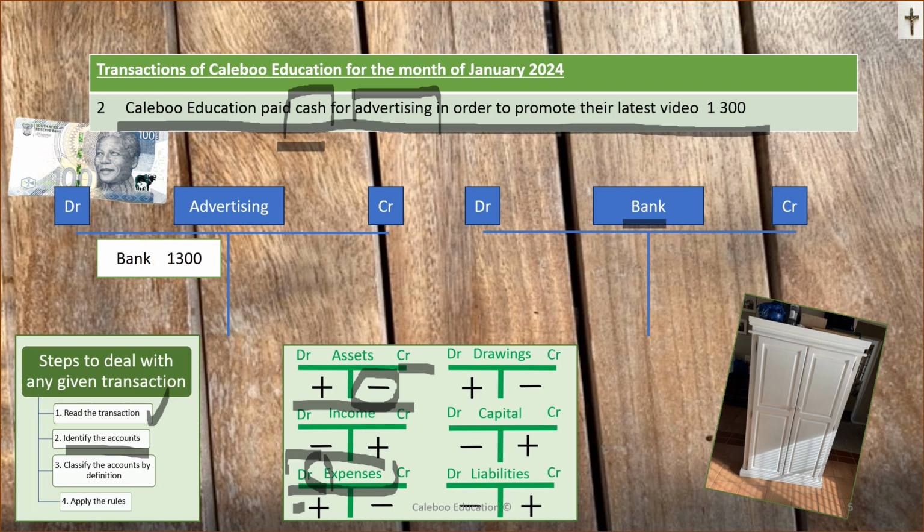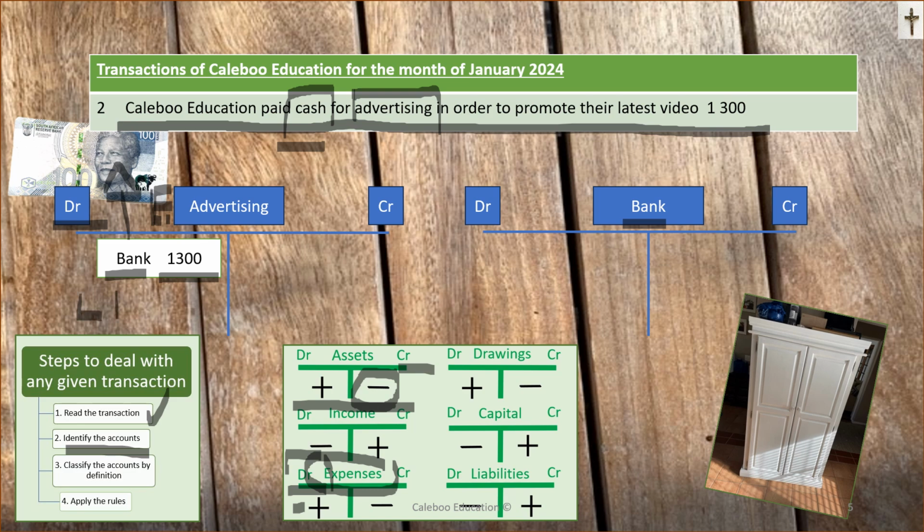So advertising, because it's an increase in expense, it is debited according to the rule which I just showed you. So on the debit side of advertising, we will have the name of the contra account and the amount.